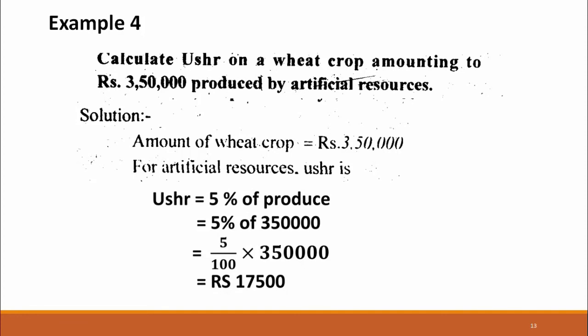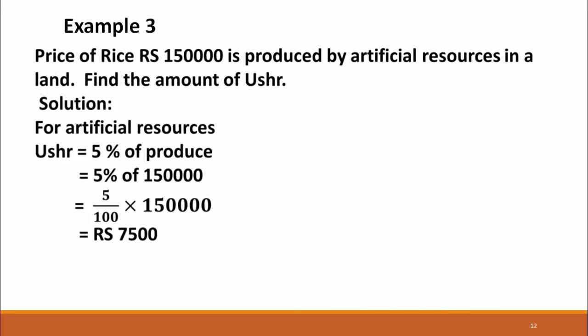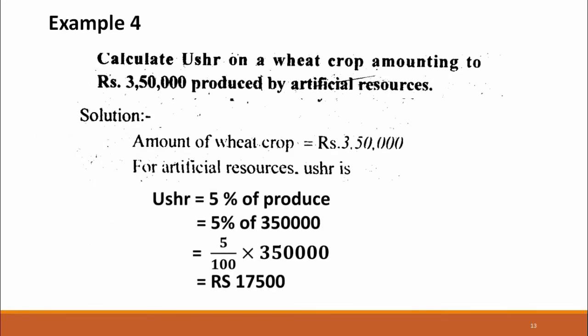In the previous problem, we already discussed the land is irrigated by artificial sources, but in that problem the total amount is 1,50,000. But now here, the total amount is 3,50,000. So what will be the amount of Ushr?